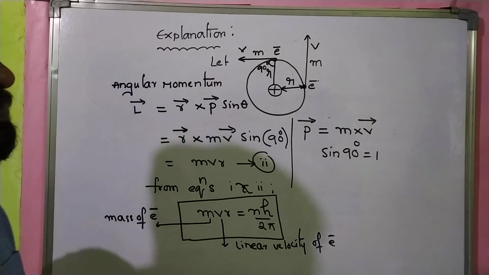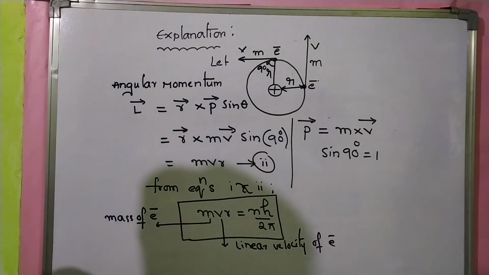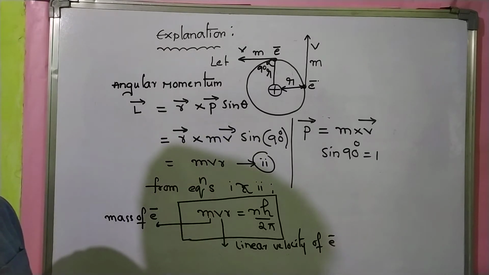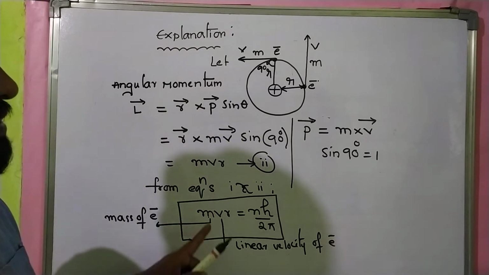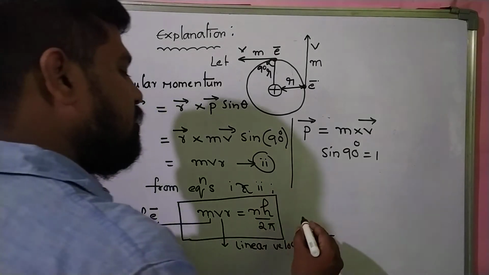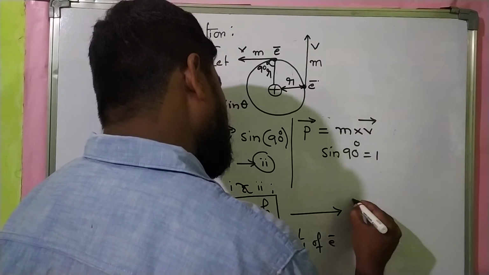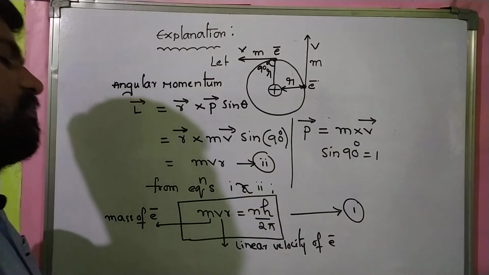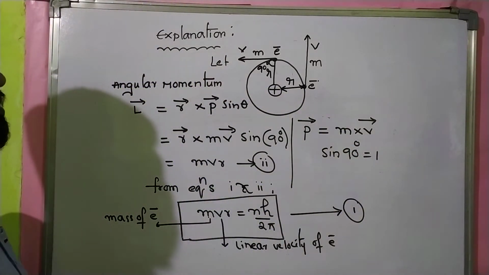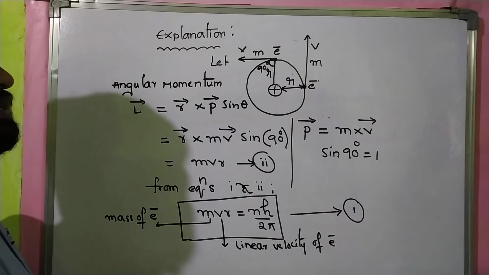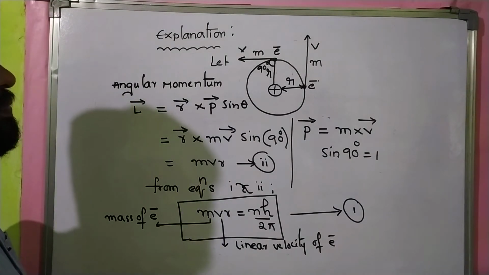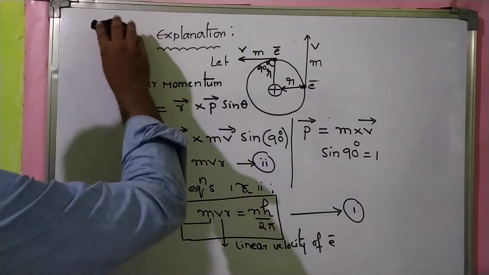Please note this. So this is angular momentum, orbital angular momentum, very very important. mvr equal to nh by 2 pi. So this is given as equation number 1. Please note up to this. Next.